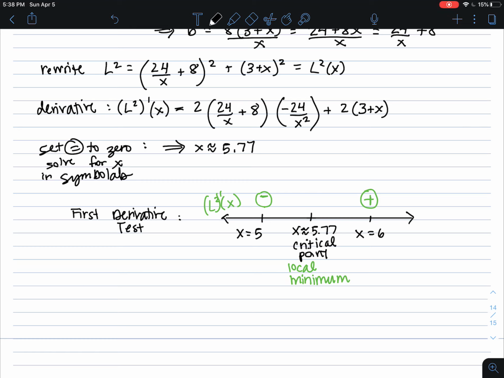We just need to find our actual length value. So we know L squared of 5.77 is our minimum, and that's equal to approximately 224.77. Technically this is feet squared, but that doesn't make a lot of sense, so we're going to ignore units for right now.